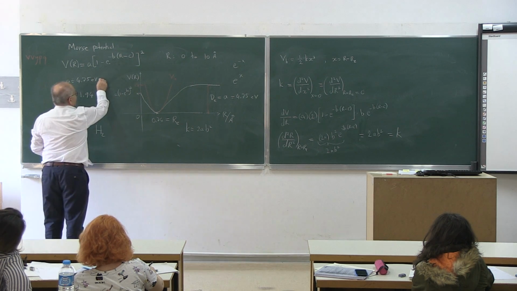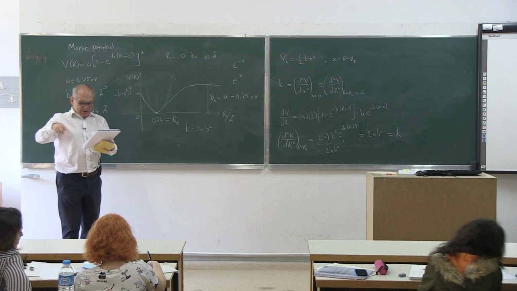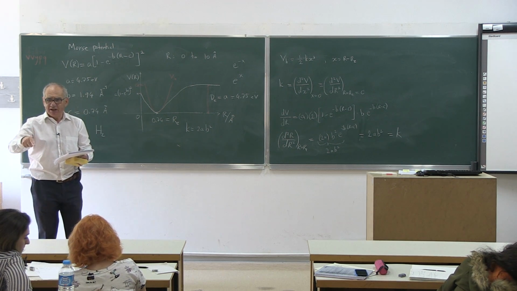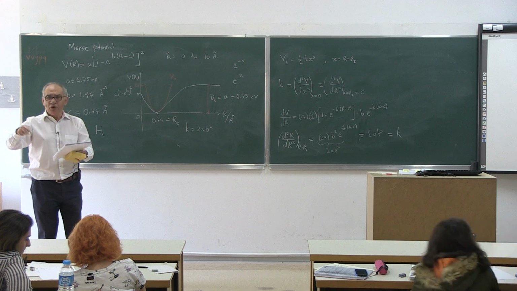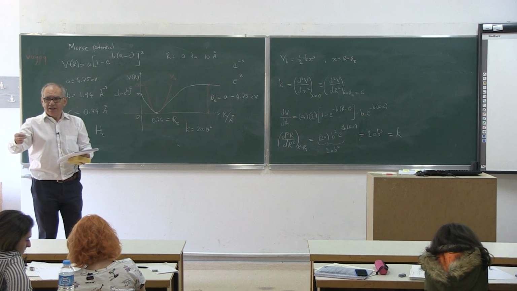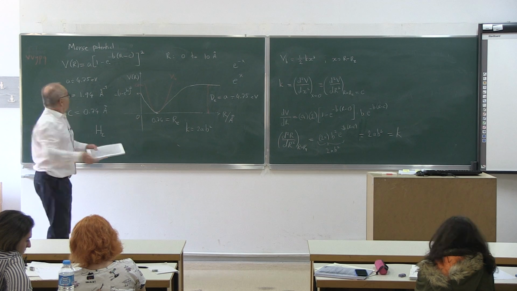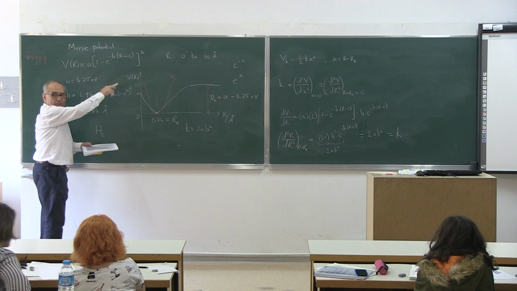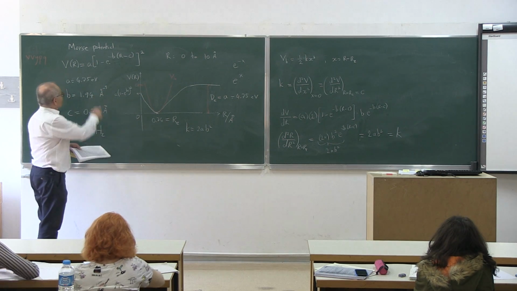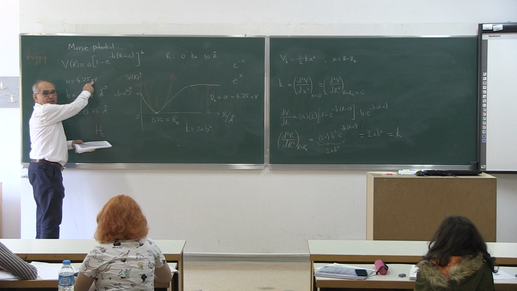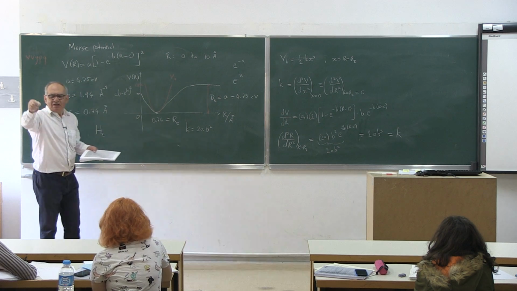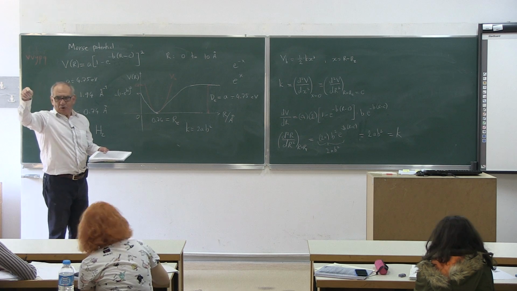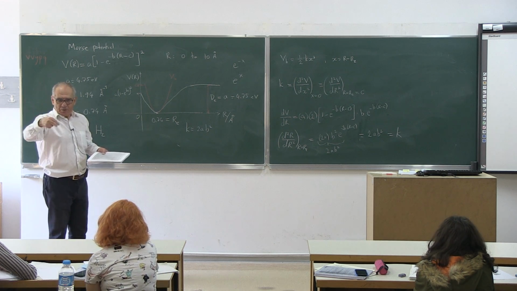The problem is asking us for the numerical value of the force constant, K, in Newton per meter, which means in SI units. Our energy here is not in SI units, so we convert this into joule. How do we do it? By multiplying with the elementary charge. An eV is the same thing as the elementary charge, 1.602 times 10 to the minus 19 coulomb. That is the conversion factor into joule.